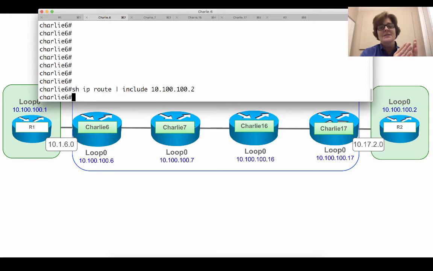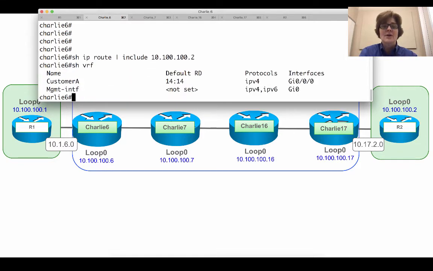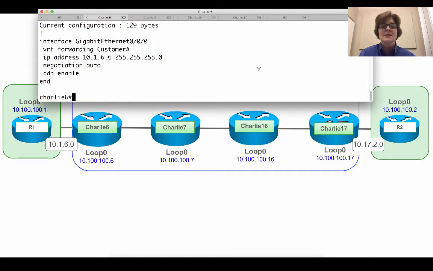Charlie6's connection to Charlie7 is in the global routing table. Charlie6's connection to R1 is in a VRF. If we do a show vrf, we will see one with a customer name of A, connected on gigabit 0/0/0. If we do a show run interface gigabit 0/0/0, we will see that it's 10.1.6.6.